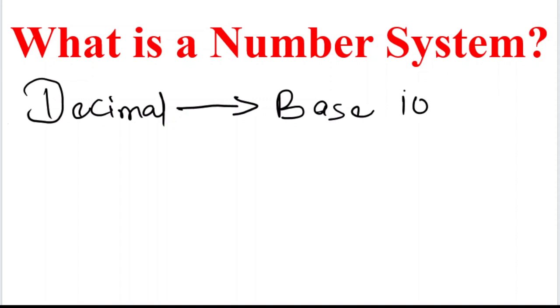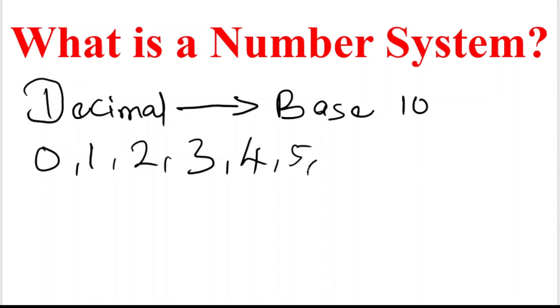Okay, in this base 10 number system, there are basically 10 digits which start from 0, 1, 2, 3, 4, 5, 6, 7, 8, and 9. There are 10: 1, 2, 3, 4, 5, 6, 7, 8, 9, 10. So the decimal number system has 10 numbers, which are used in our everyday life for counting.